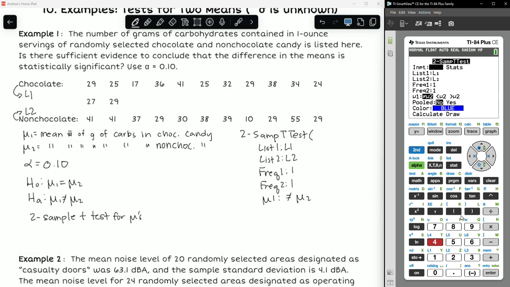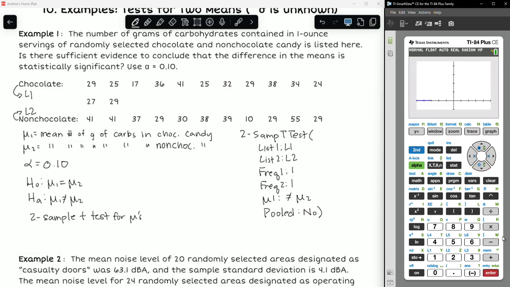And then it's going to ask pooled. For this class, we are going to strictly stick to no. We are looking at situations where we are not pooling the data. That goes beyond the scope of intro stats. So everything is already set up based on what we want. We're going to go down to draw, and the calculator draws our picture for us and gives us those values.